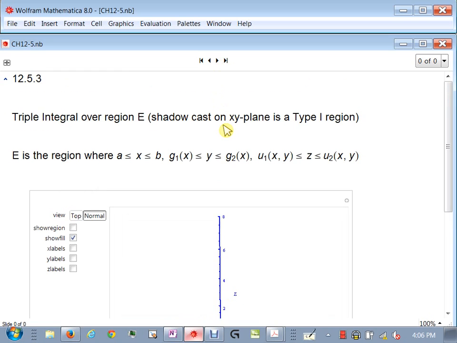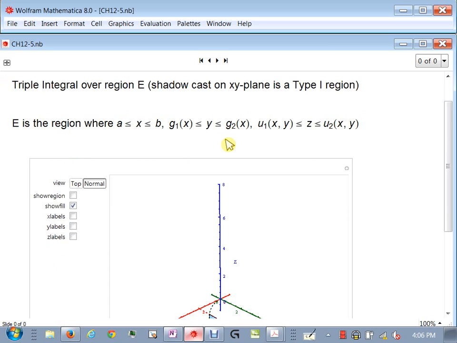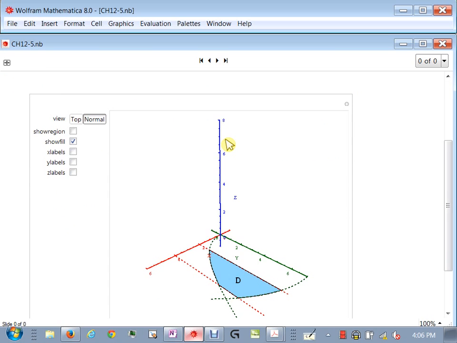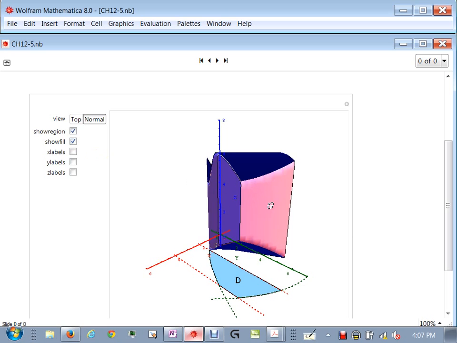Okay, so how about a triple integral over region E, where the shadow cast on the xy plane is a type 1 region? So look, what I've got is some solid, E. This is my domain.